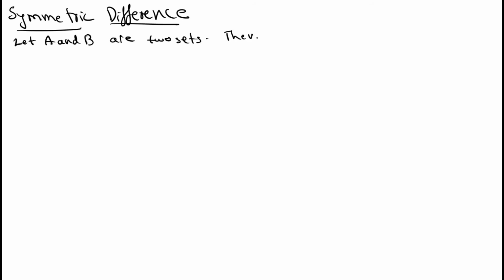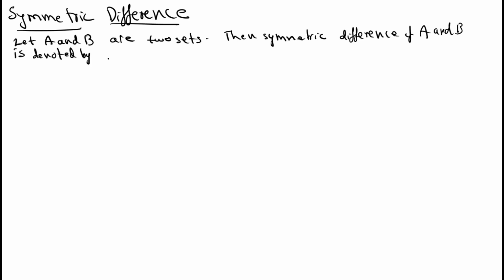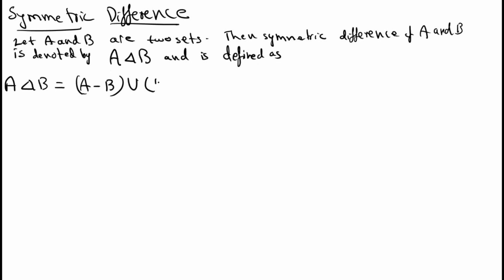Then the symmetric difference of A and B is denoted by A triangle B. Okay, this represents a symmetric difference and is defined as A symmetric difference B is equal to A minus B union B minus A. A minus B union B minus A, that gives symmetric difference of A and B.